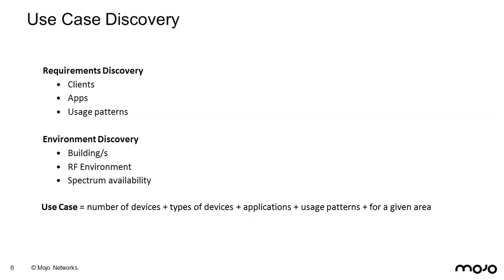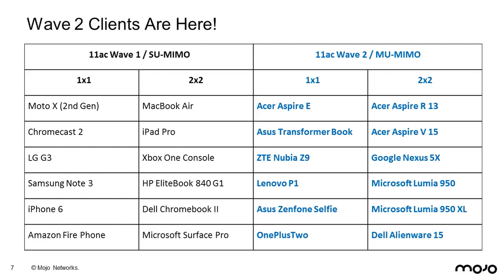And we look at a given area, because planners, whether it's a Mojo planner or Ekahau, do a plan for a whole floor or a building, but really use cases are unique to a particular area of the building, like a conference room or even a classroom.